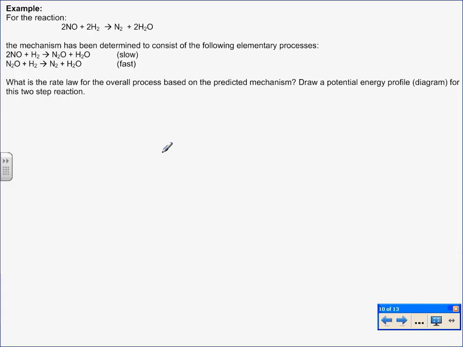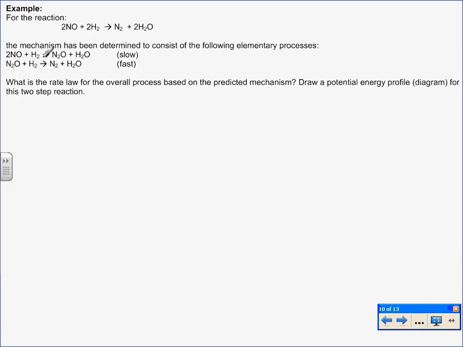What we know is that the slow step in a mechanism is connected to the rate law of the reaction. And it actually gives us the molecularity and the exponents of our rate law. So our slow step involves two molecules of NO reacting with one molecule of H2.